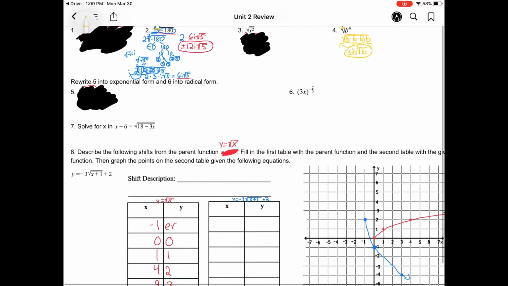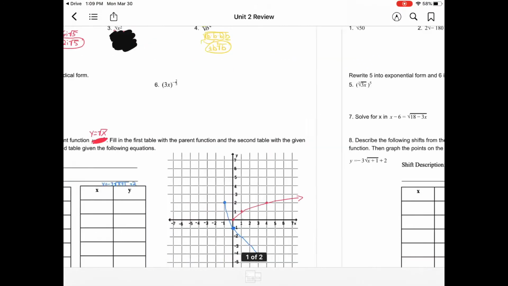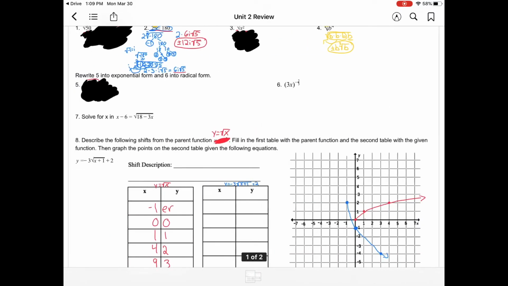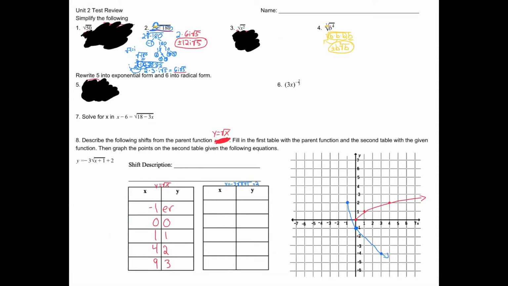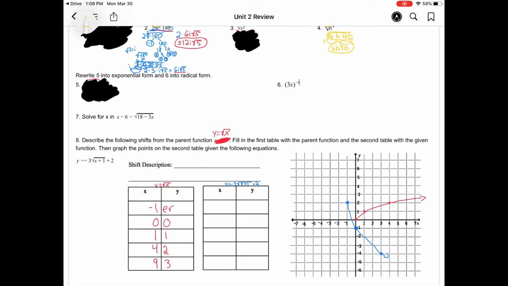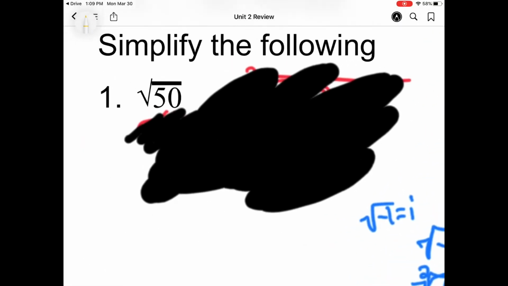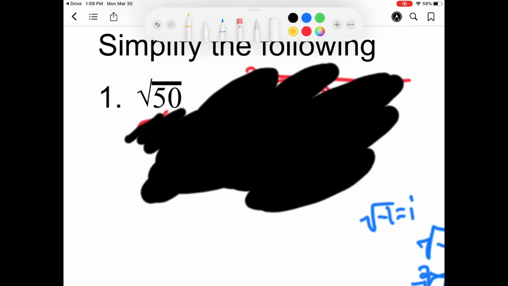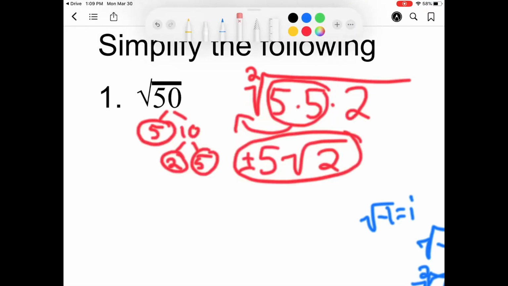If you will, pause the video and attempt number 1 and number 3. So for number 1, you should have gotten plus or minus 5 times the square root of 2.